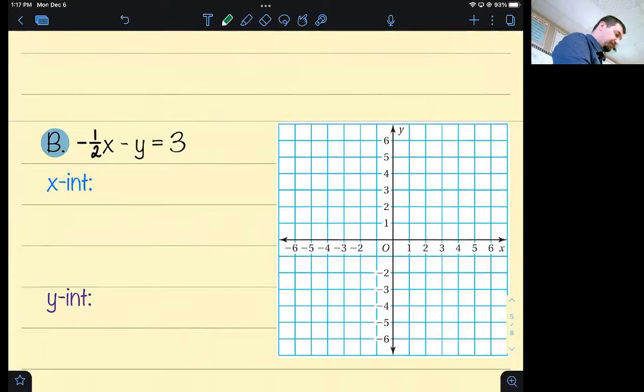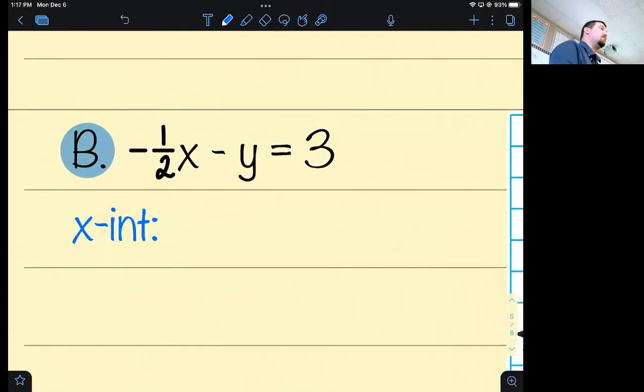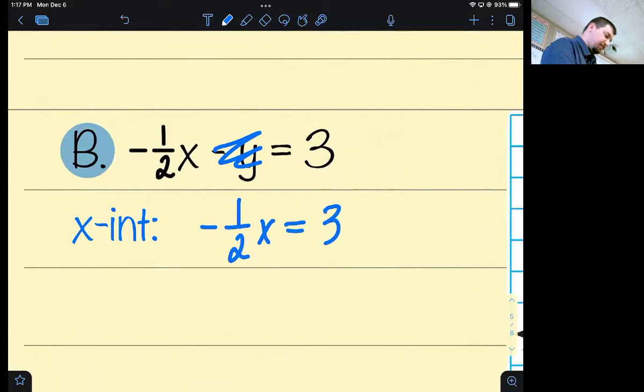Okay, next one. To find the x-intercept, plug in 0 for which variable? Owen? The y. Yeah, it's opposite. So Owen, if you plug in 0 for y, what's this equation now say? That's right. Jimmy, what's the opposite of multiplying by negative a half?